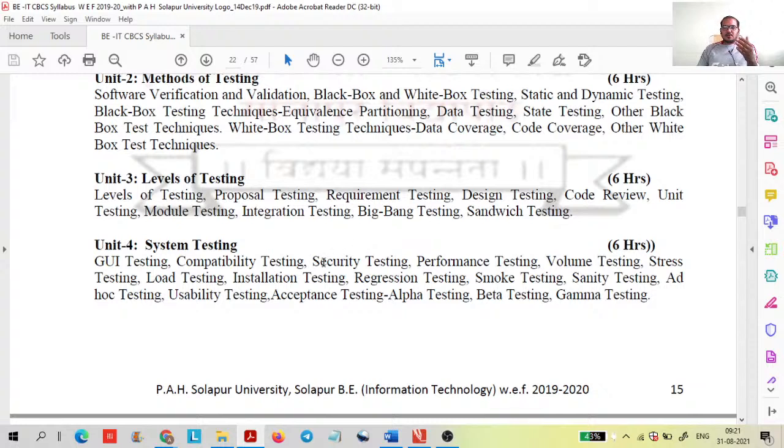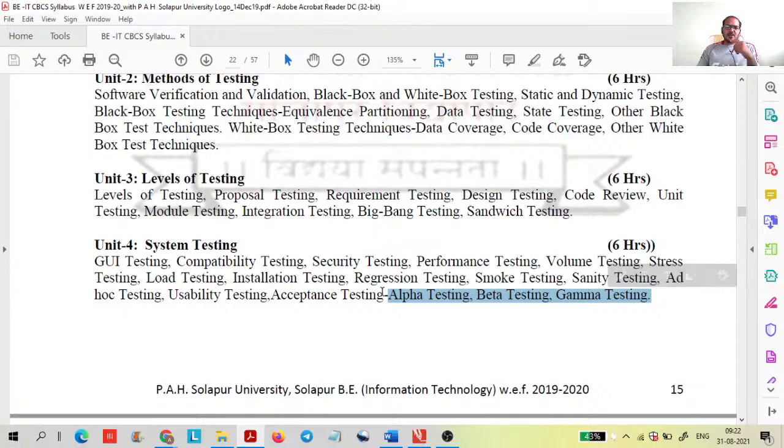Then GUI testing, graphical user interface, compatibility testing, how your application is compatible with other software or hardware resources, security testing, then performance testing, volume testing, stress testing, load testing, installation testing, regression testing, smoke testing, sanity testing, ad hoc testing, usability testing, and acceptance testing, alpha, beta, gamma testing.